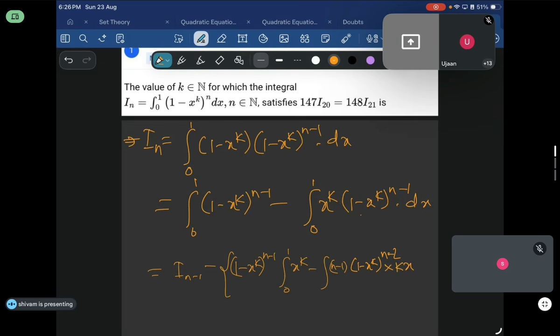Wait, integrating x to the power k, that also I'll do. Then integrating x to the power k will become x to the power k plus 1 upon k plus 1. Right. But I don't think we are getting any pattern on k plus 1. Now we are getting x to the power 2k over here. It will make things complicated.